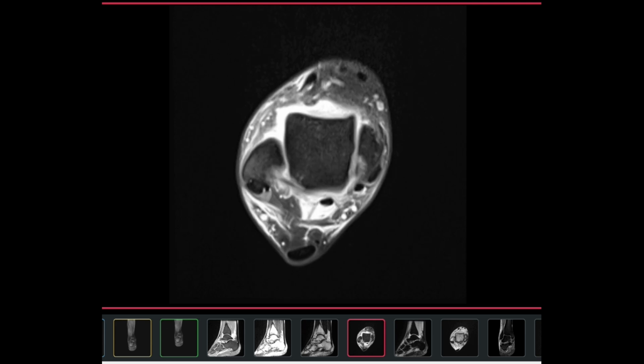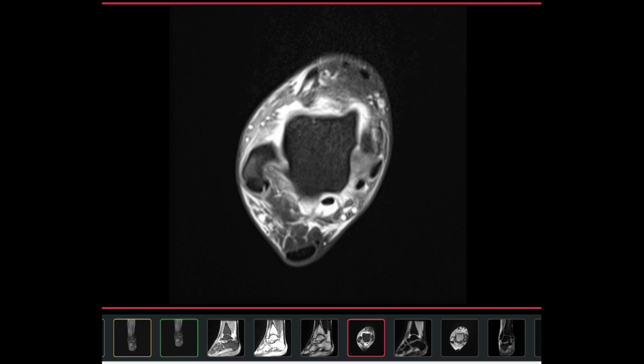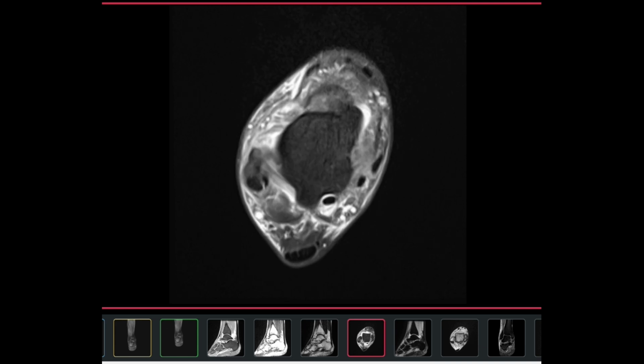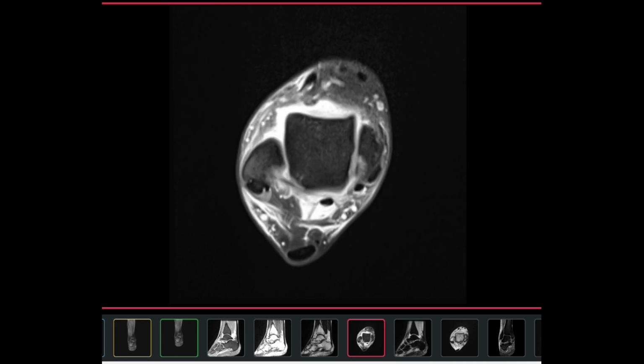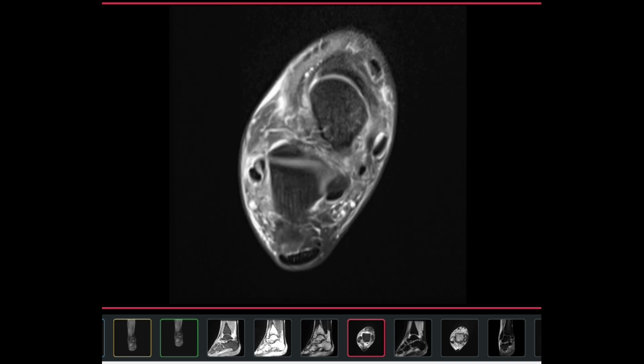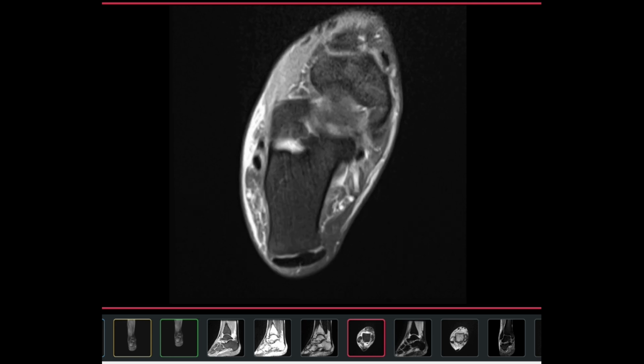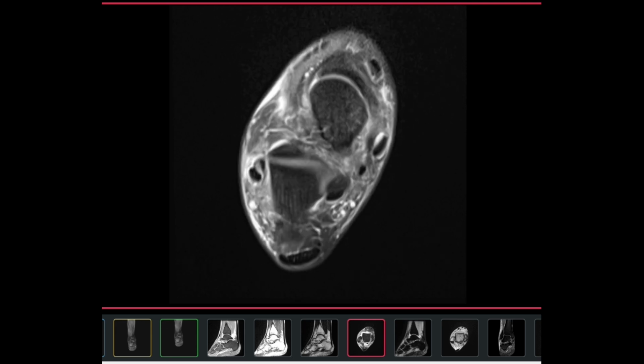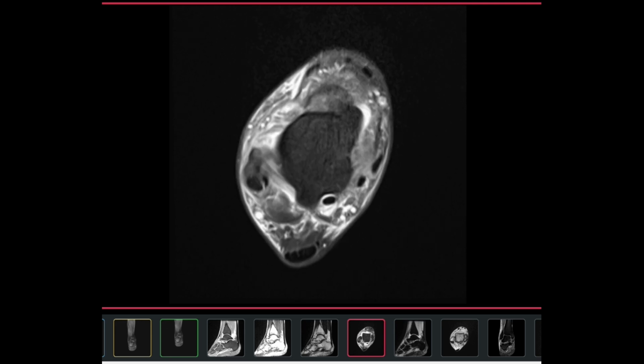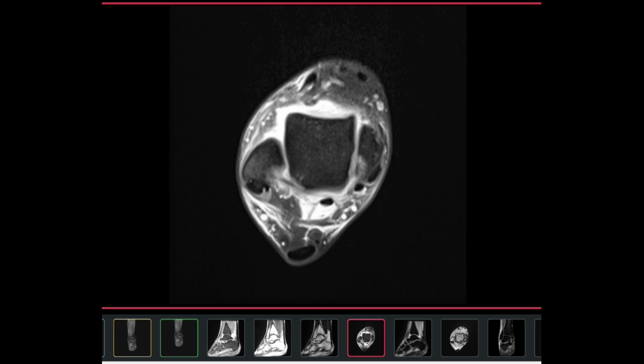There is leakage of the joint fluid into the surrounding tissue, and here we can see this is the posterior talofibular ligament. It is intact but slightly hyperintense, and the calcaneofibular ligament is also showing hyperintensity. So there must be some kind of sprain involving the calcaneofibular ligament, but the anterior talofibular ligament is completely torn.